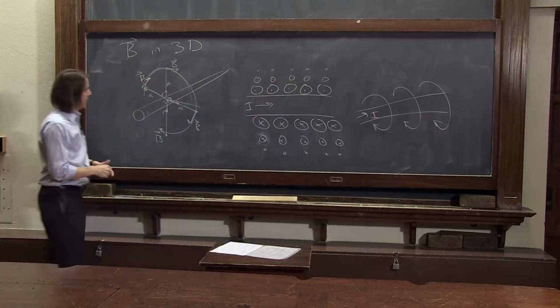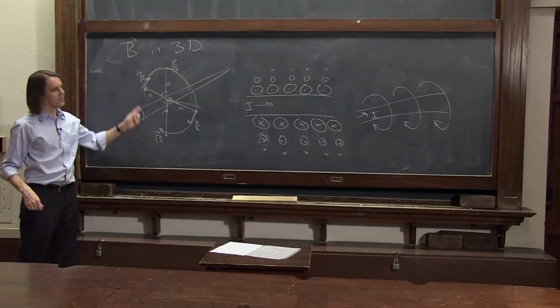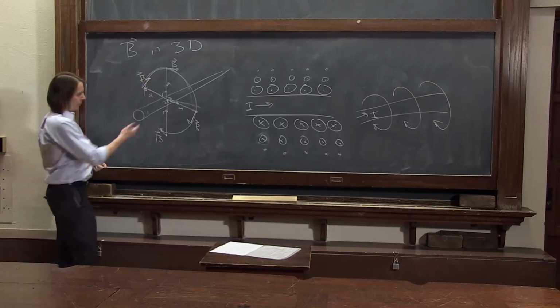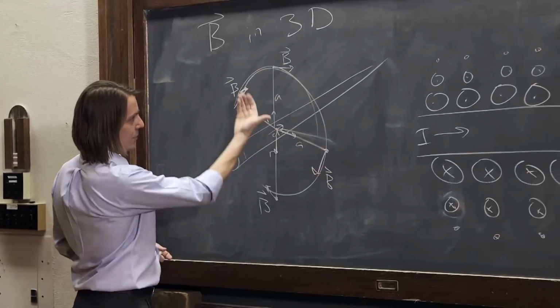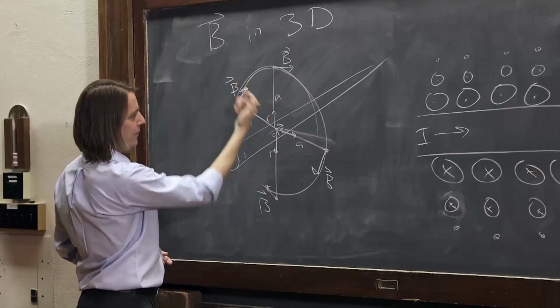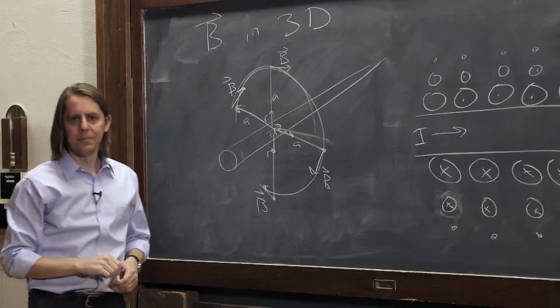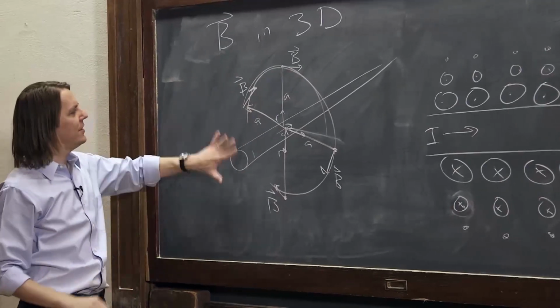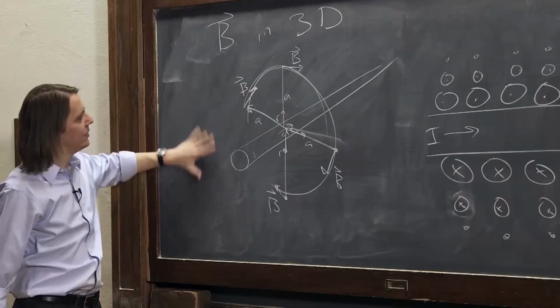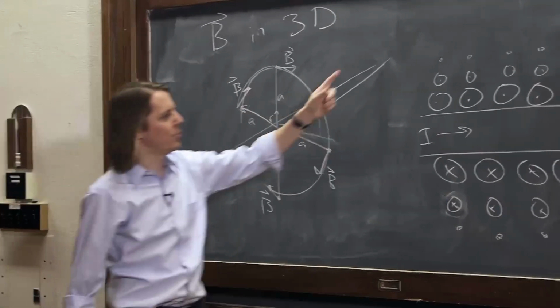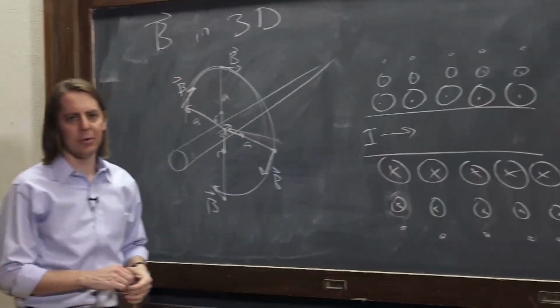Well, we showed that's true today with our actual calculation of the direction of the magnetic field around the wire. If you put your thumb along ds, along the current, you'll find your fingers curve around with the B field. So it all makes sense. We only calculated it in one plane in 2D, but it actually matches perfectly with what we said before about the B field in 3D going around a wire.